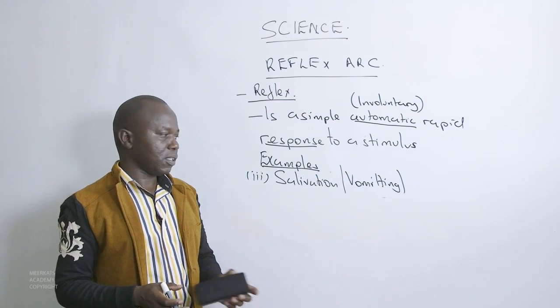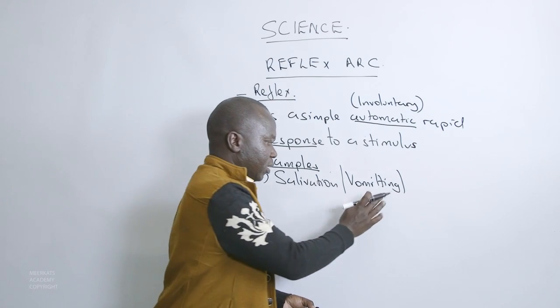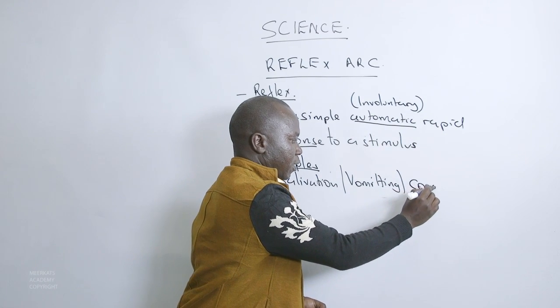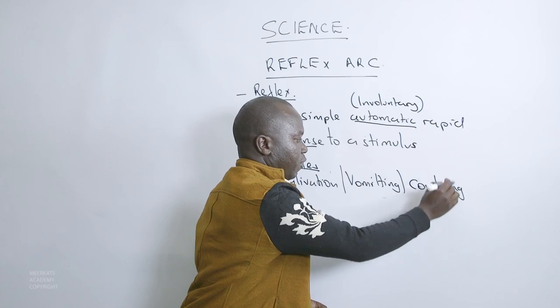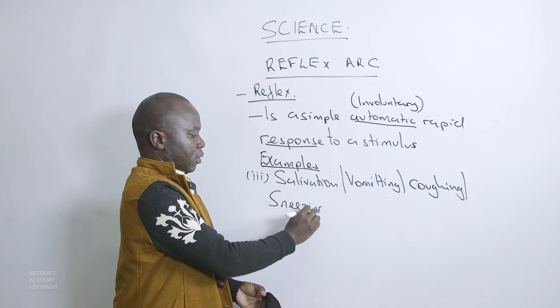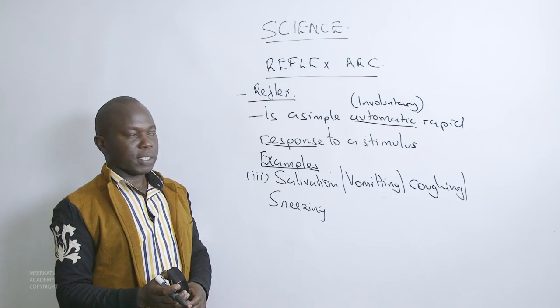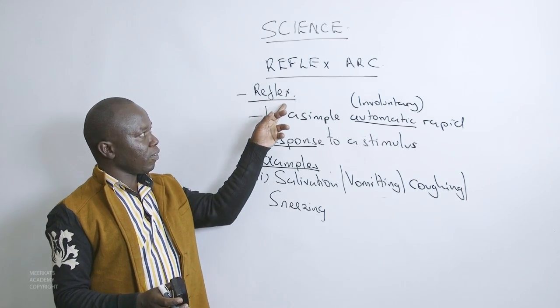You cannot prevent it. Vomiting comes. You have no control over it. Coughing. You inhale dust, you are going to sneeze. So we have several examples. So that is a reflex.